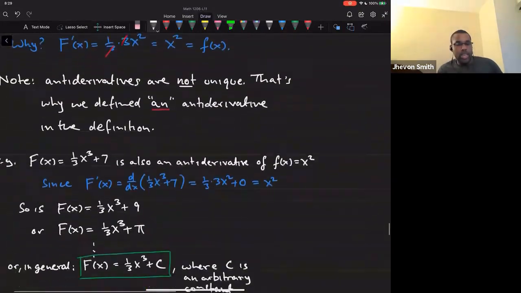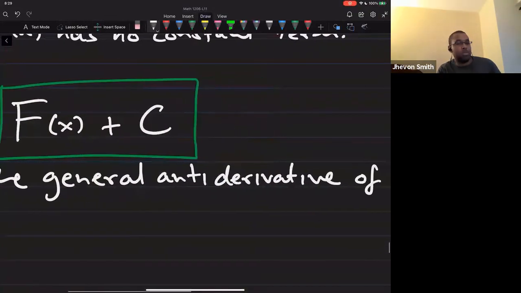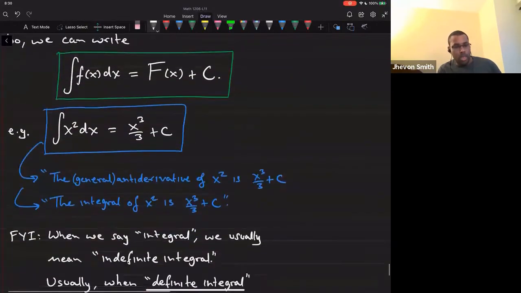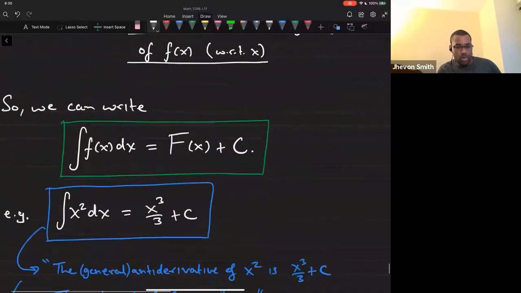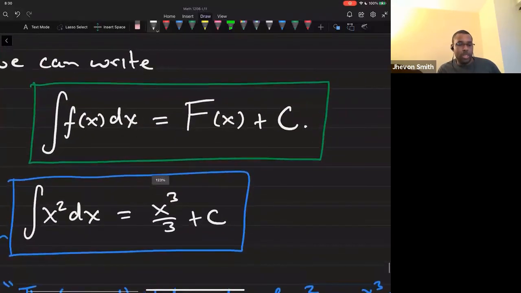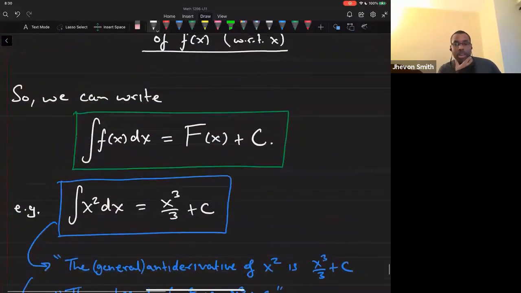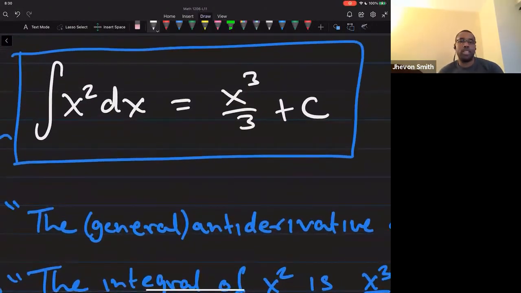And there's the idea of a general antiderivative, which is denoted by big F of x plus c, and we can denote it in symbols using what's called an indefinite integral. We can write down an expression like this, and it would always make sense, provided the big F actually matches with the little f. And so I can write, for example, that the integral of x squared dx is equal to x cubed over 3 plus c.